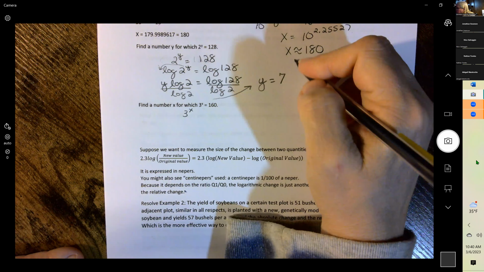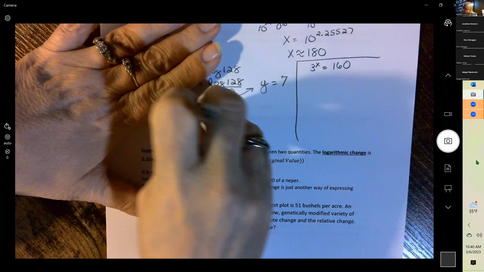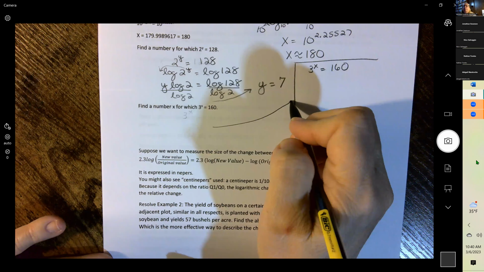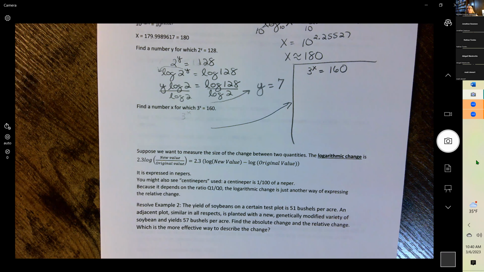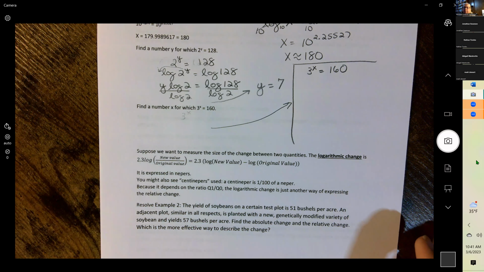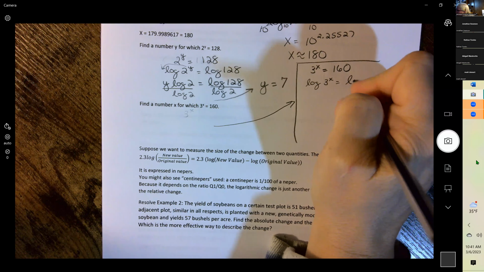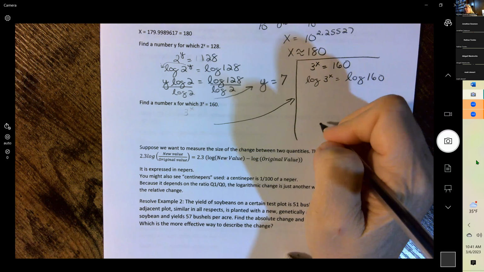I'm going to write it over here. When you get X, type it in the chat.